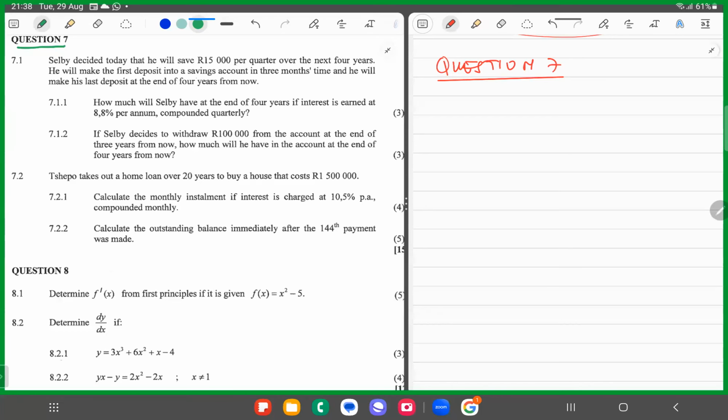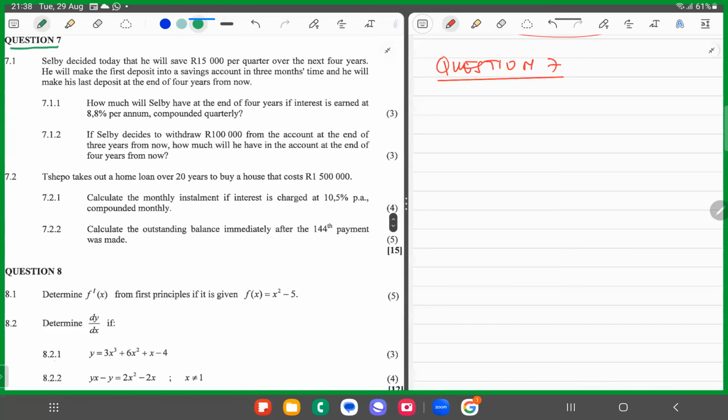Selby decided today that he will save 15,000 per quarter over the next 4 years. He will make the first deposit into the savings account in 3 months' time, and he will make his last deposit at the end of 4 years from now.